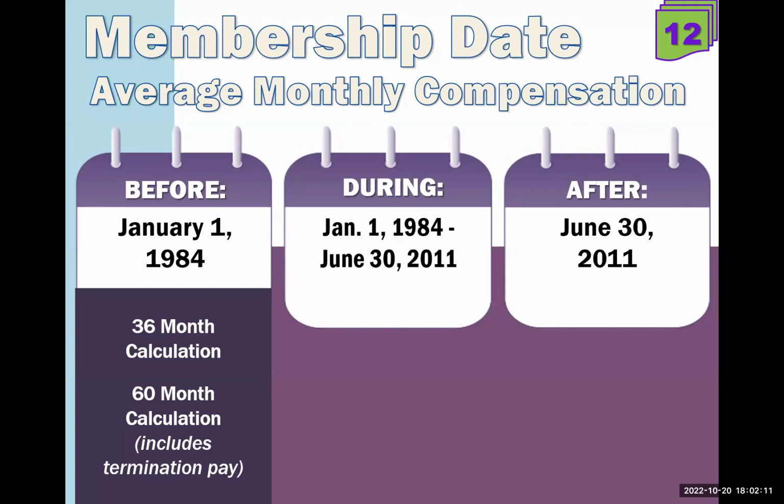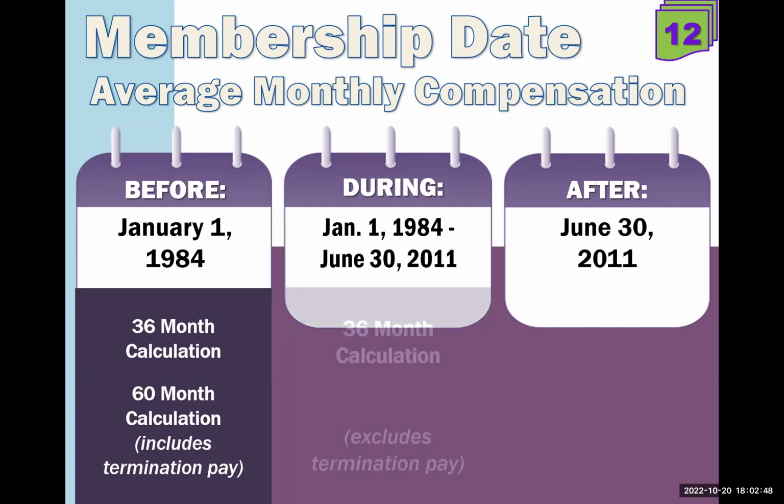Now, with the 60-month calculation, we're also going to include your termination pay, but only if contributions have been withheld from your termination pay and sent to ASRS. And whichever one of these calculations is highest, either the 36-month calculation not using your termination pay, or the 60-month calculation including your termination pay, that's the one we're going to use for your average monthly compensation.